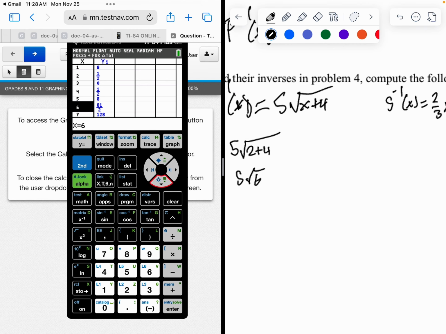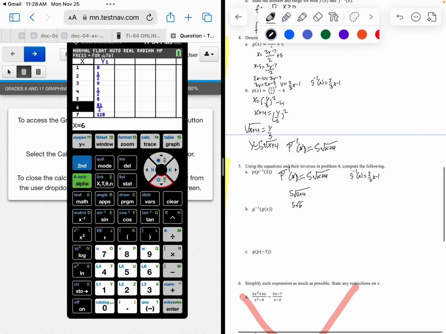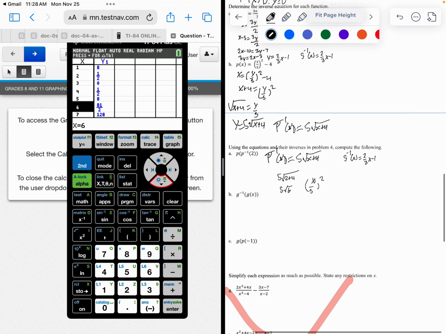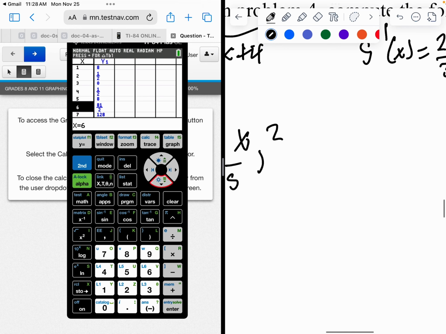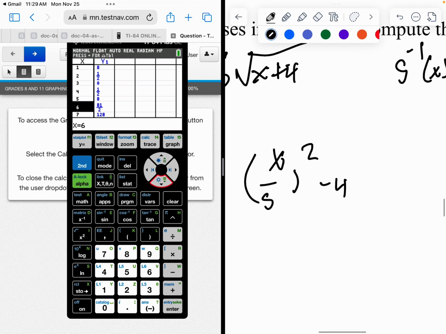Now we have to plug it into P. x over 5, squared, minus 4. Now we'll plug 5 root 6 into the equation.